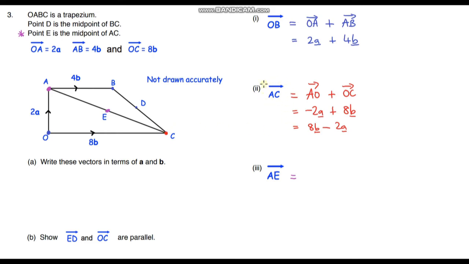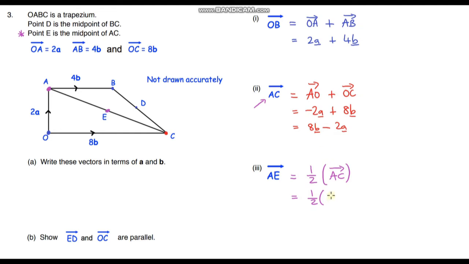Now we already know what AC is. We worked out what the vector AC is up here. So to work out AE, we can just take half of this vector. So we know that AE is a half of vector AC, because we know that this is the midpoint.